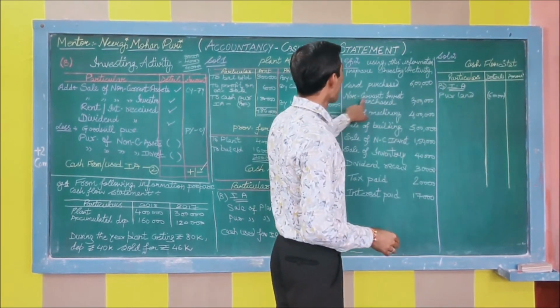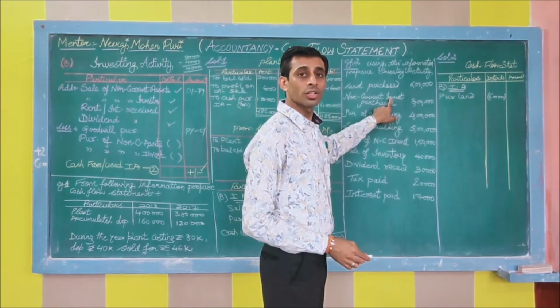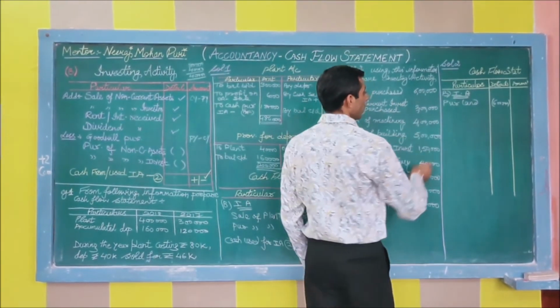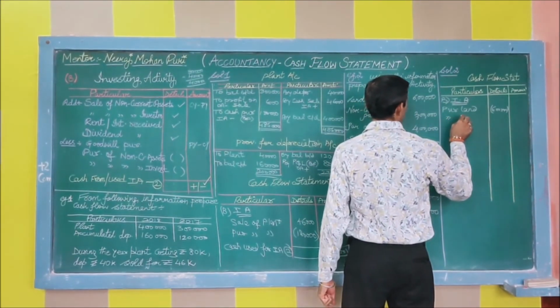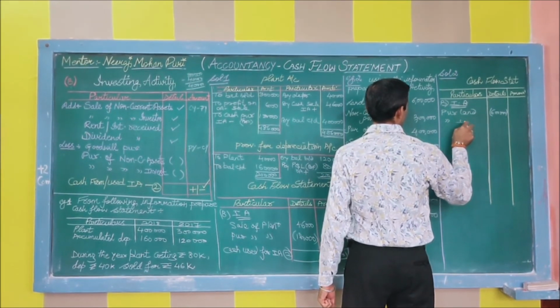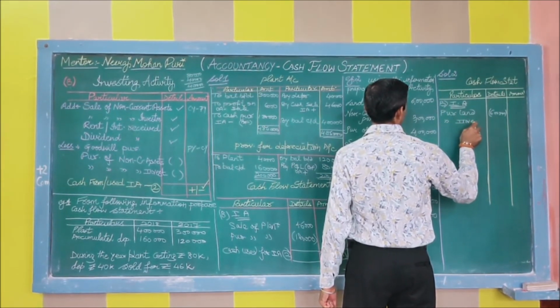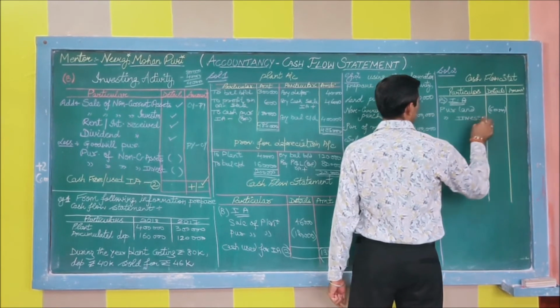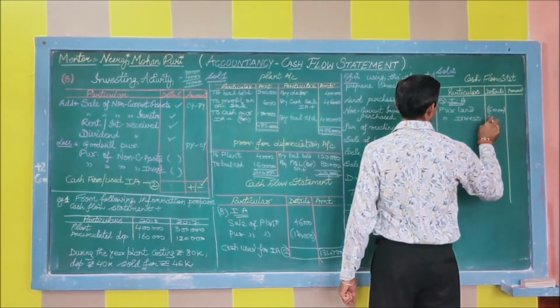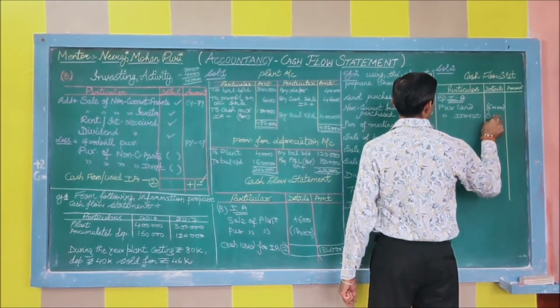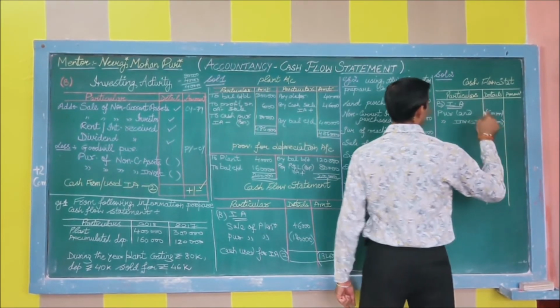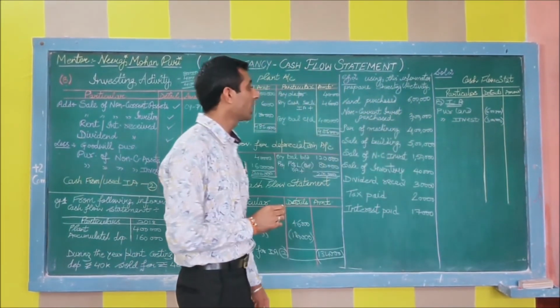Next item is non-current investments, means long-term investments purchased for 3 lakh. This is also negative. So purchase or invested long-term investments amount is 3 lakh. This is also a negative value, so this is minus 3 lakh. Do not forget to use bracket for negative item.